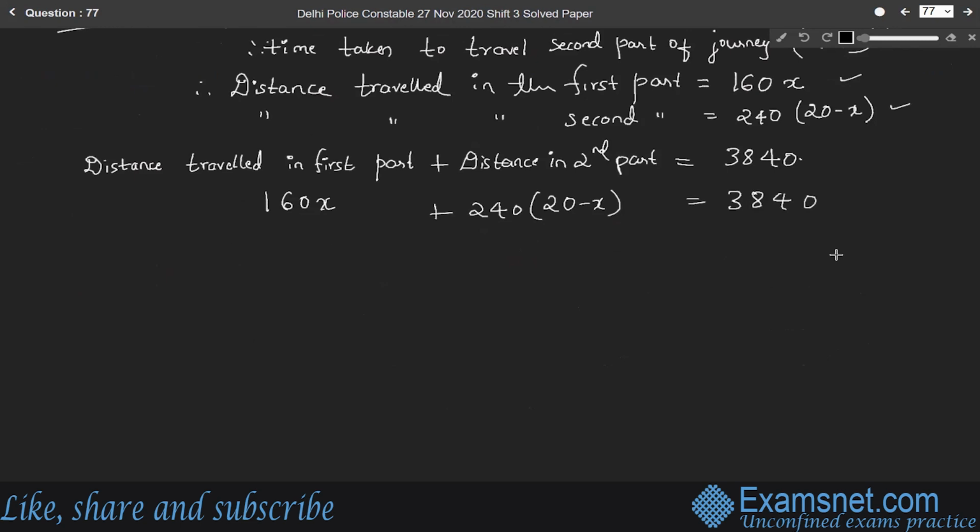Therefore, let us simplify. 160x plus 240 into 20 minus x is 3,840. 240 into 20 is 4,800 minus 240x is equal to 3,840. Therefore, 160x minus 240x is minus 80x, which is equal to minus 960. Therefore, x is equal to 12.